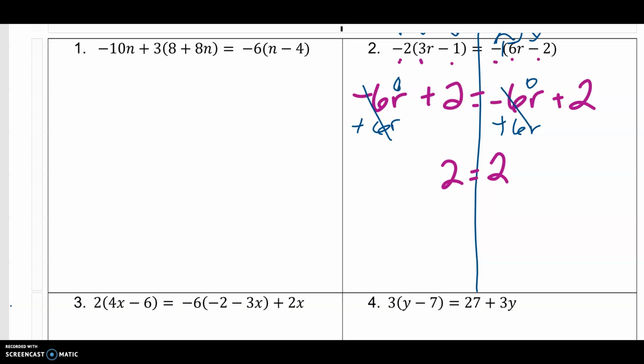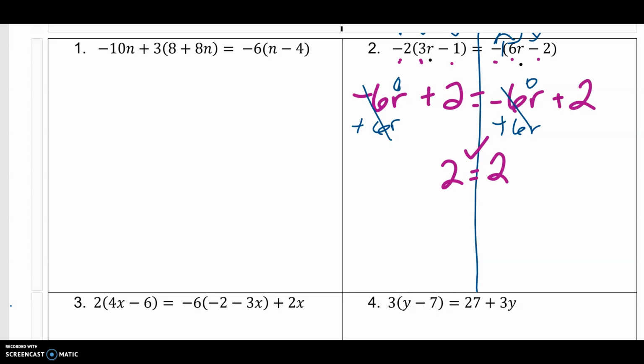Now, 2 does equal 2. That is a true statement. So since everything for my variables canceled out, since I have no more variables as I'm working through this, but I have a true statement, that means that any number I plug in for r is going to work. If I plug in a 3 up here for my r on both sides, I'll get a true statement.